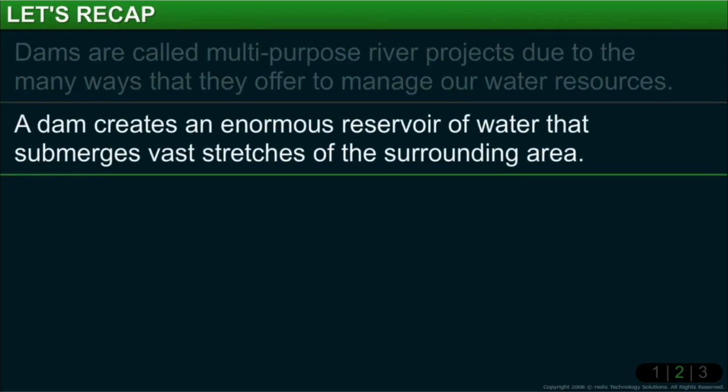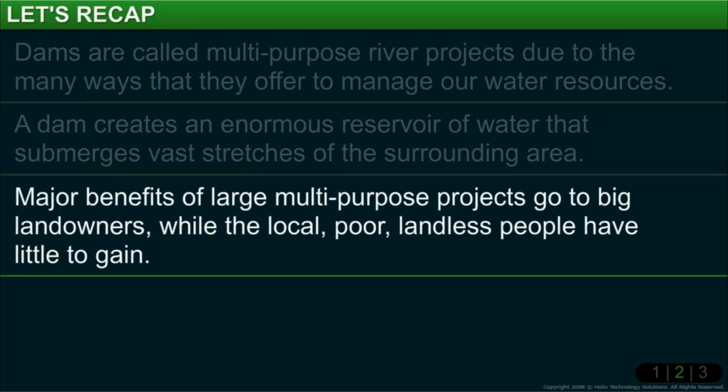A dam creates an enormous reservoir of water that submerges vast stretches of the surrounding area. Major benefits of large multi-purpose projects go to big landowners, while the local, poor, landless people have little to gain.